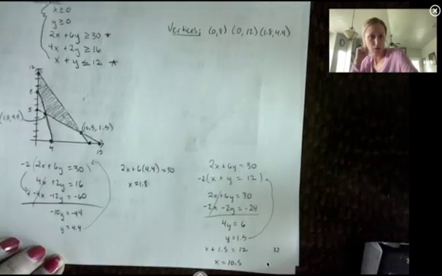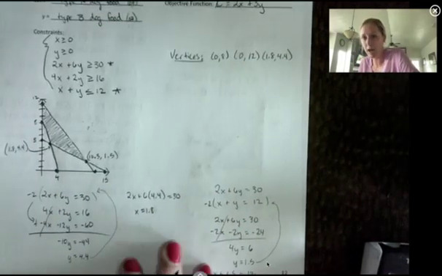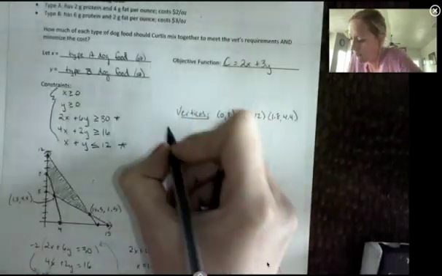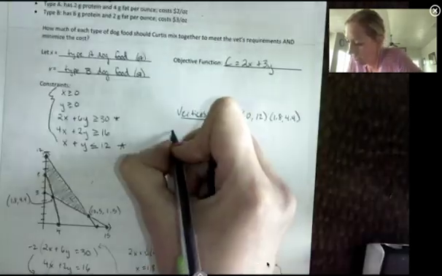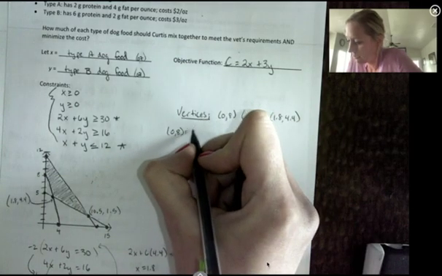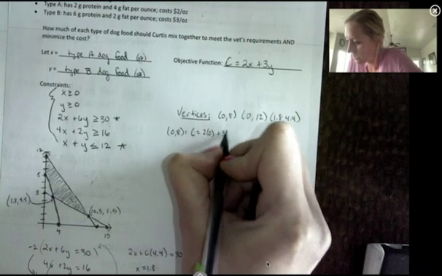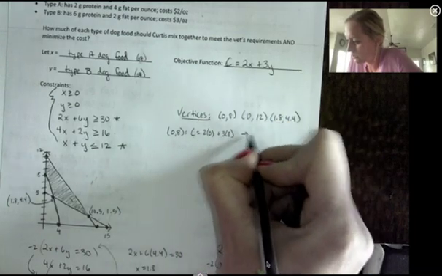Okay, so now we are going to see which one of those vertices will minimize our objective function. All right, so testing 0, 8: plus 3 times 8, 24.